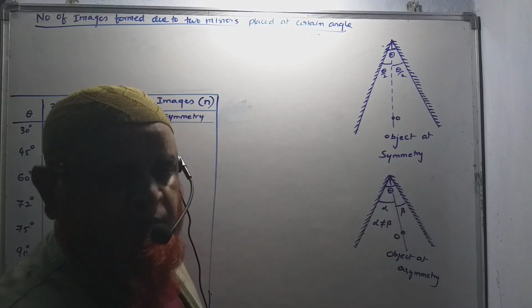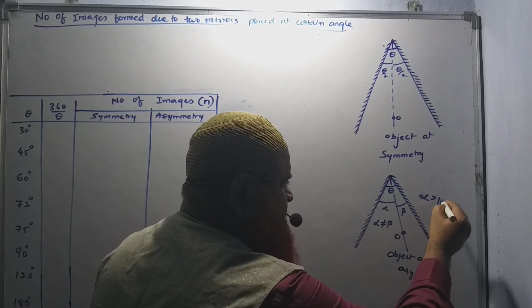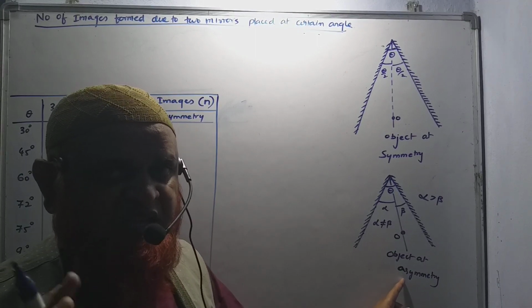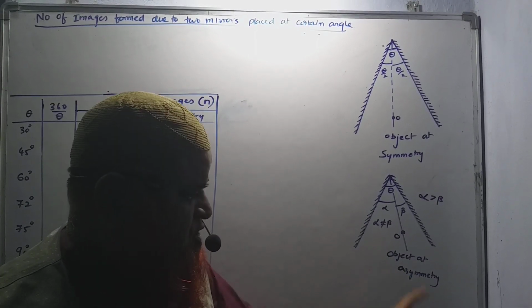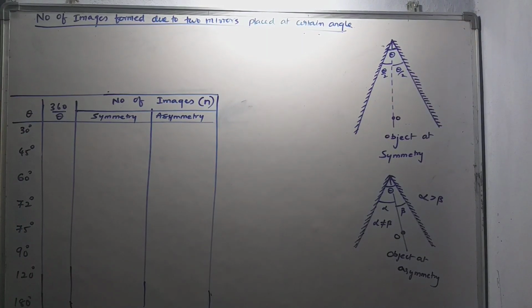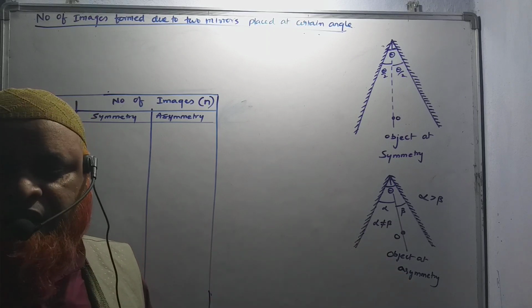If you observe, alpha is a bit greater than beta. That's why this situation is called asymmetry. So the situation is a bit asymmetric here.